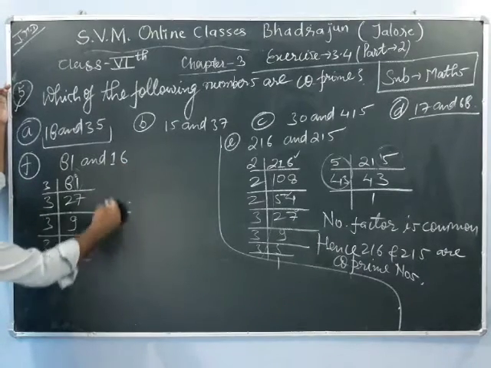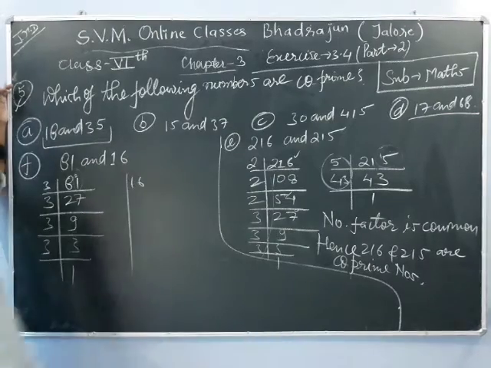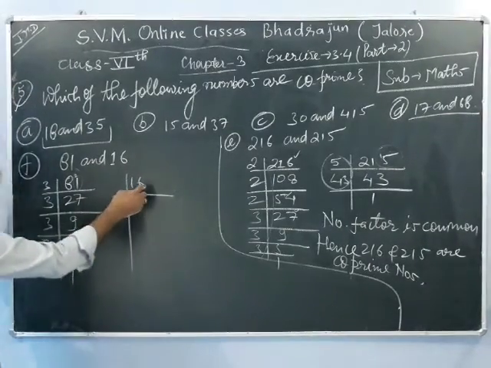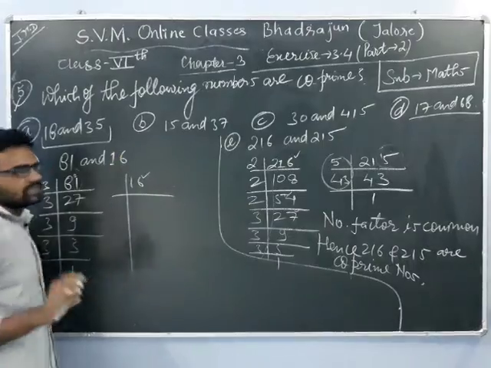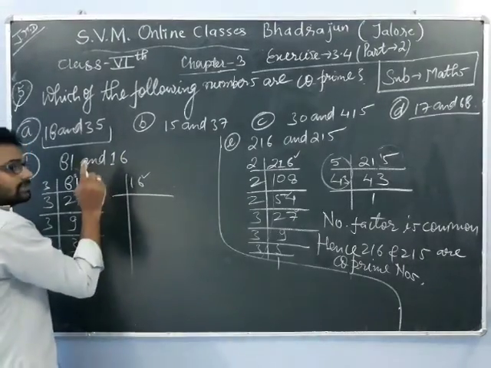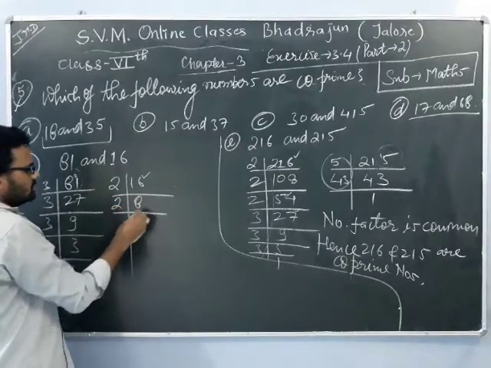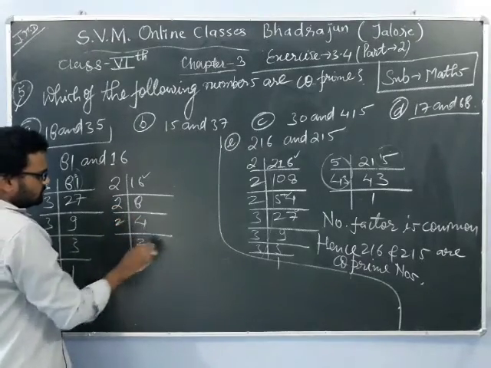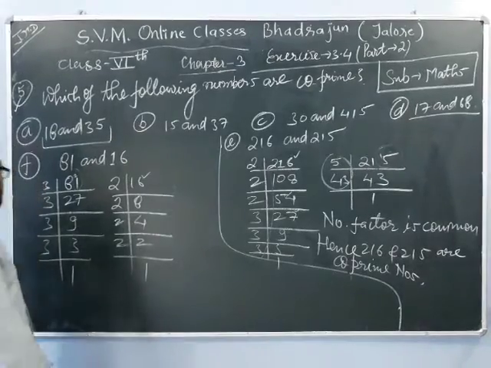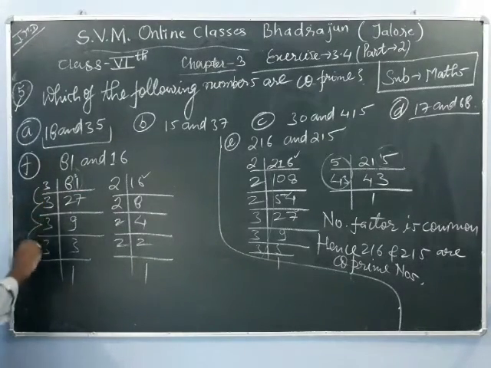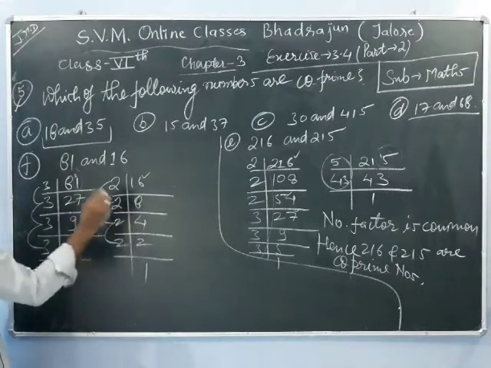Okay. Here this is 16, and because the unit place digit is 6, the number is divisible by 2. So 2 8s are 16, again 2 4s are 8, again 2 2s are 4, again 2 1s are 2. Here we are seeing only 3 and here we are seeing only 2.